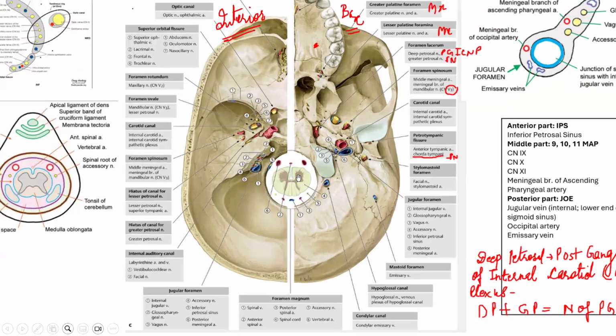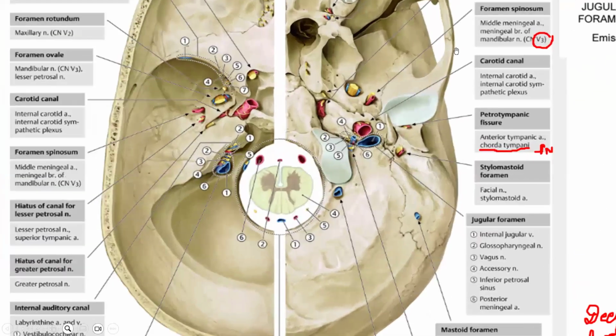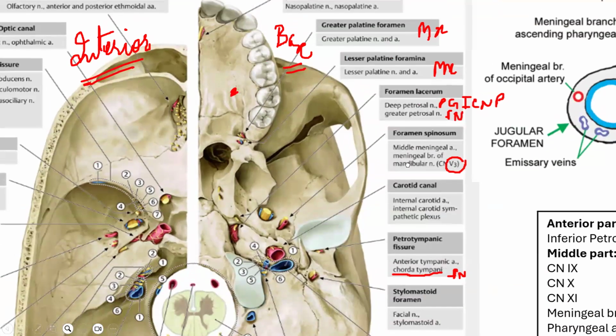Let me zoom in again. Now we were at foramen lacerum. I believe now you have a basic picture of the foramen lacerum, right? Neha, are you there? Yes. Okay. You can keep your mic on unmute.